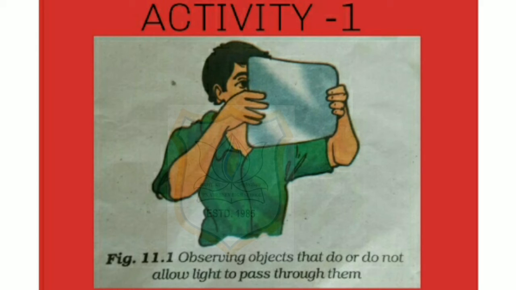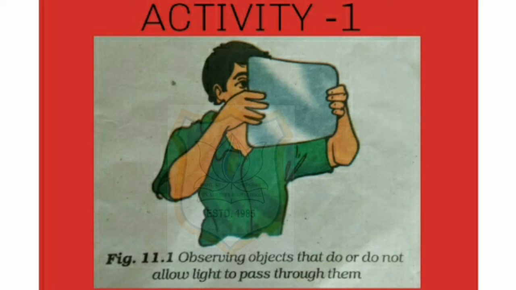Now, the method. Hold the objects you have collected in front of a lighted candle one at a time. When you see the lighted candle clearly through the object, it should be regarded as a transparent material. Second, when you see the lighted candle faintly or partially, the object consists of some translucent material.